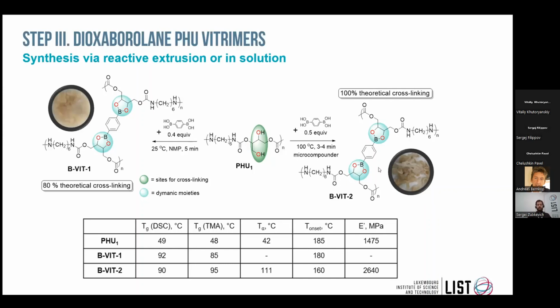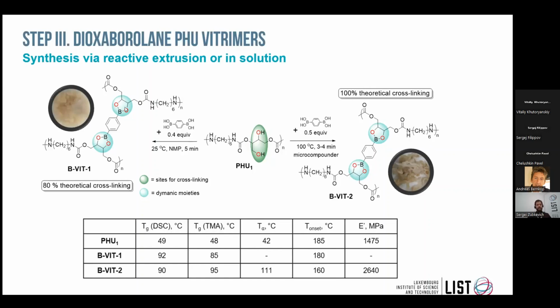On the other hand, we tried to use reactive extrusion to make the network without any solvent. However, the conditions that we see here are not enough to extrude the network, so the speed of the exchange of the dynamic bonds is too slow at the selected conditions. So in the future, we plan to optimize it so we can have a nice synthesis using reactive extrusion without any solvent.